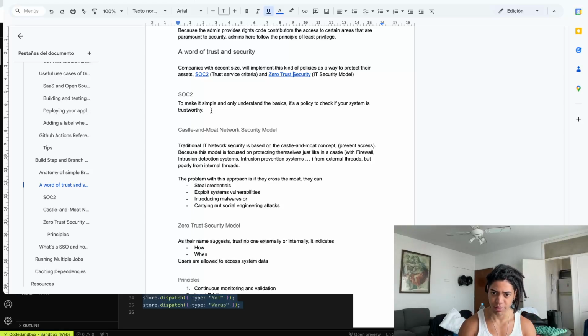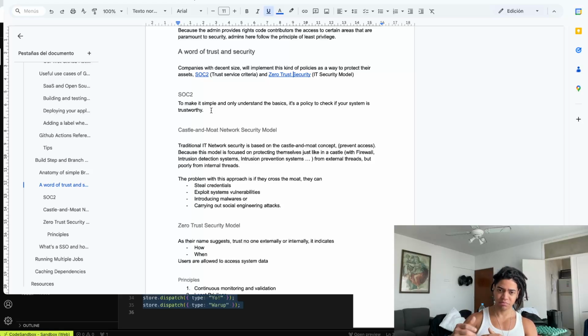So they can steal credentials, inject malware, perform some social engineering attacks, or exploit system vulnerabilities.